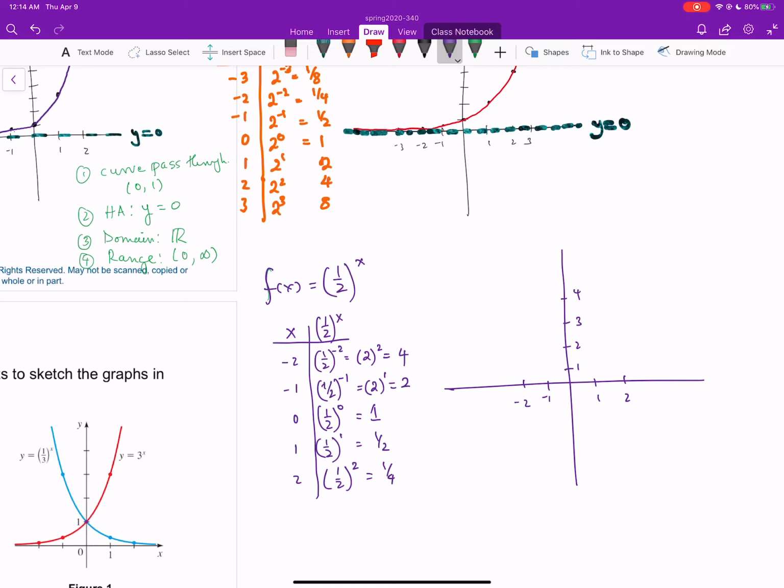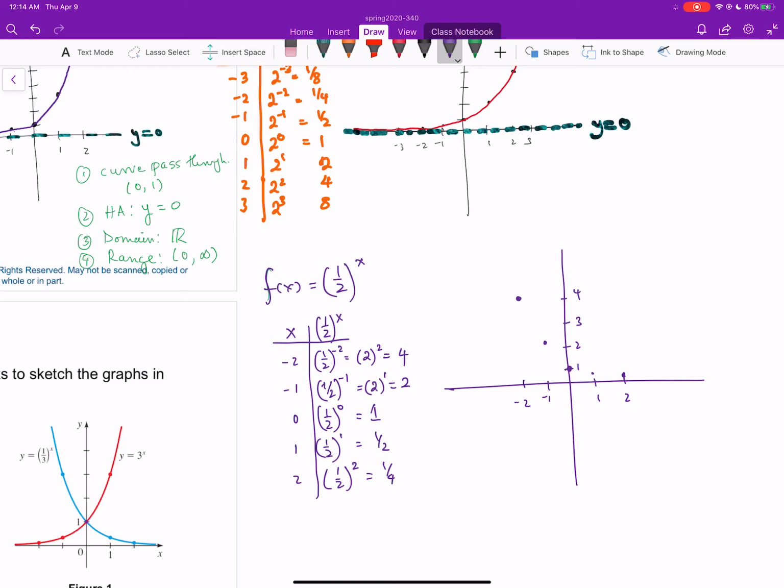So at -2, the y value is 4. At -1, the y value is 2. At 0, I'm at 1. At 1, it's at 1/2. At 2, it's at a really small number.